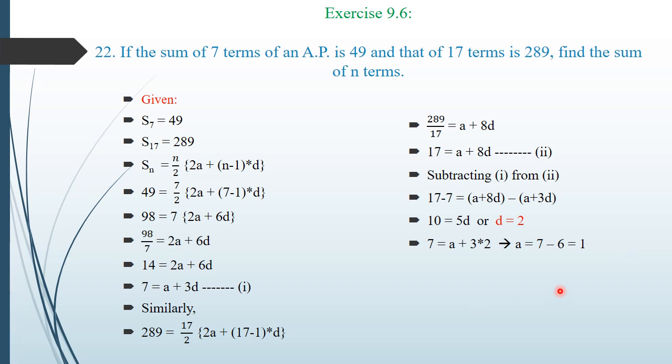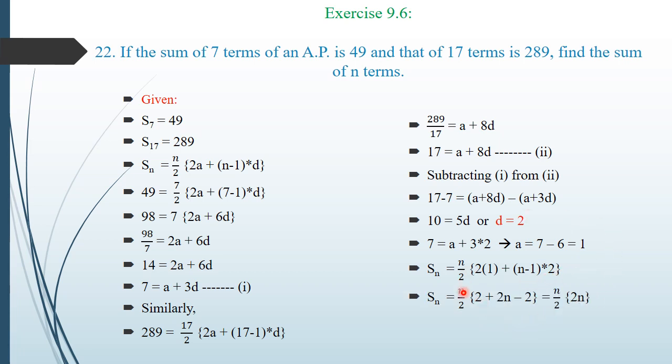Now, using this information of a and d, I can simplify the Sn formula, so that we can have a generalized formula to calculate the sum of n terms particular to this AP. Therefore, using the formula Sn equal to n by 2, 2 into a, in place of a, I'll put this value, that is 1, plus n minus 1 into d. In place of d, I'll substitute 2 here.